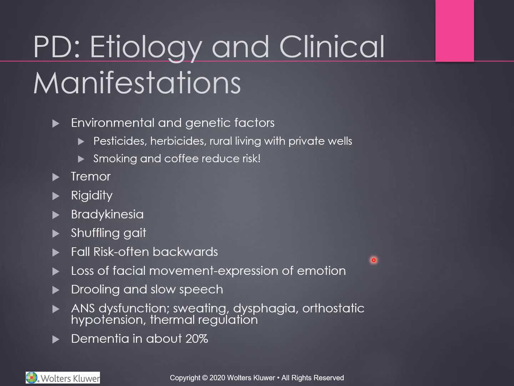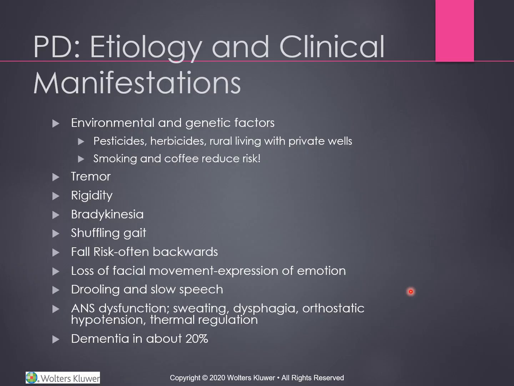People with Parkinson's disease also have this really distinctive gait, and we call it a shuffling gait. So when people with Parkinson's disease walk, their arms are rigid at their sides. They don't really swing their arms with movement, and they also don't really pick their feet up with movement. They also have this distinctive stooped posture.